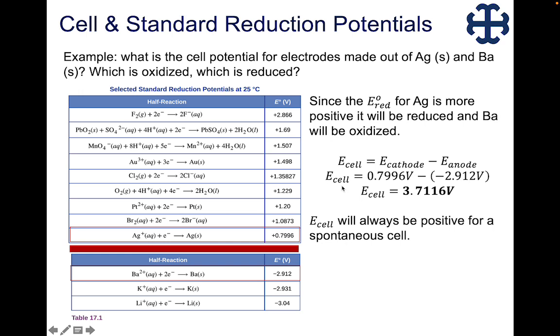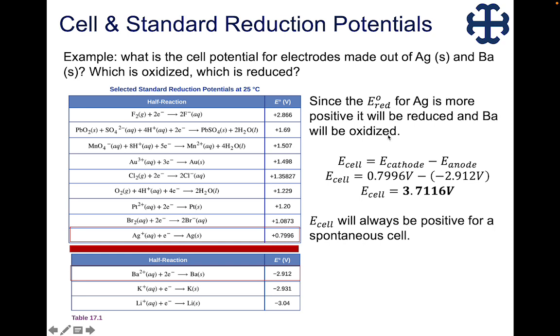If you wanted to, like you did in lab, you could flip this reaction. When you reverse the reaction, you would also change the sign to make this positive 2.912. If you do that, this negative sign just needs to turn into a positive sign, where E cathode would be the same, but then it would be plus E anode.